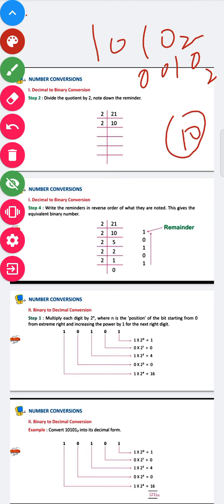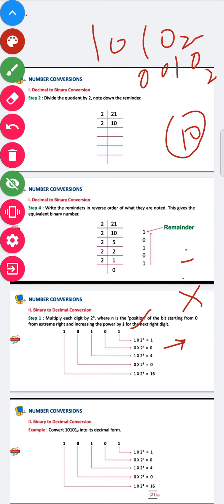In decimal to binary we used to divide by 2. Here what will we do? The first number is 1, we will multiply 1 by 2 raised to the position 0. I told you that in the number system every position will start from 0. So in decimal to binary we divide, and in binary to decimal we will multiply with 2, right? On the first number we have 1 and the position of 1 is 2 to the power 0, and next is 0 and the position of 0 is 1.